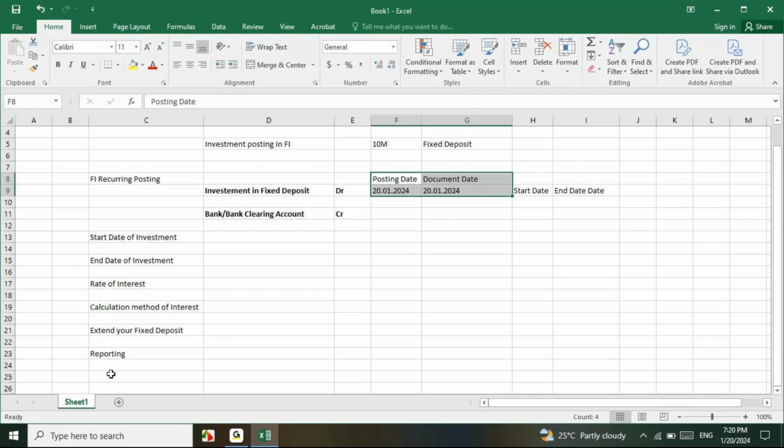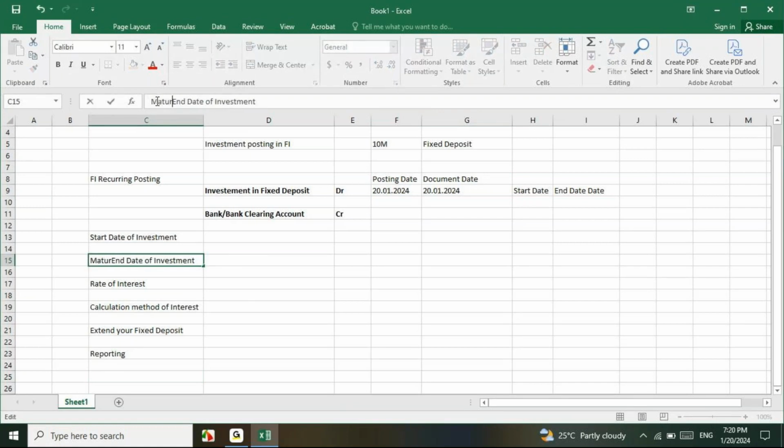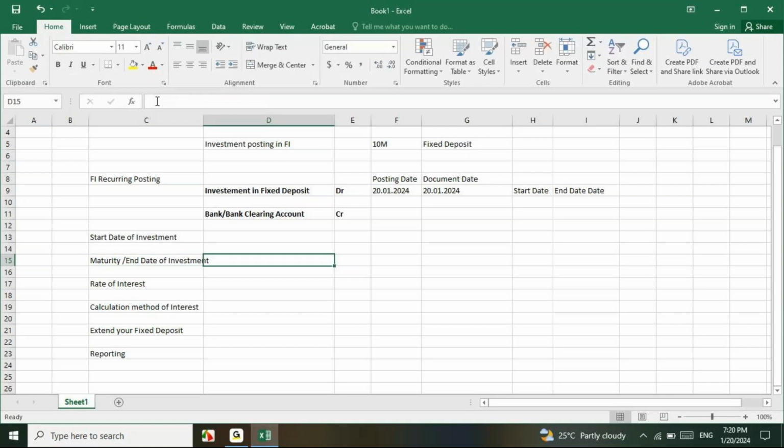Let's say on the maturity date or end date, let's say 31st March 2024.